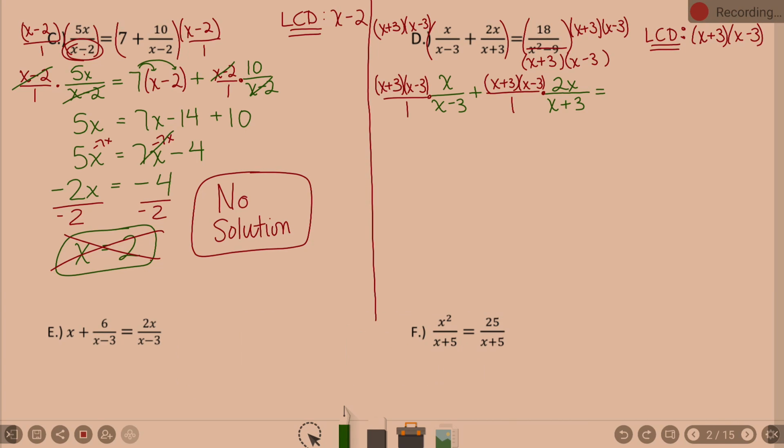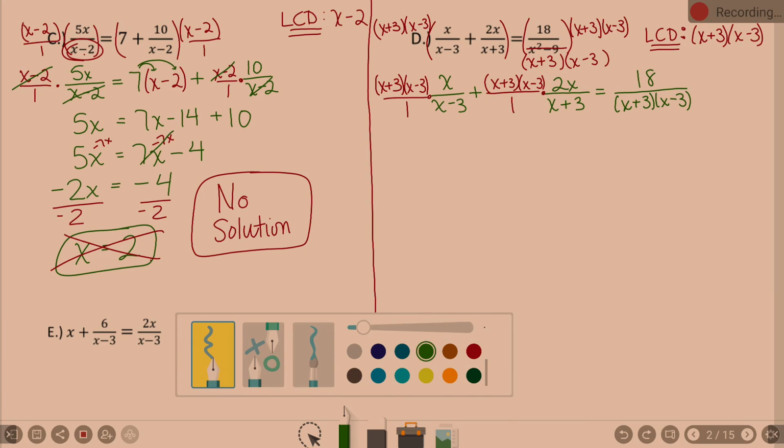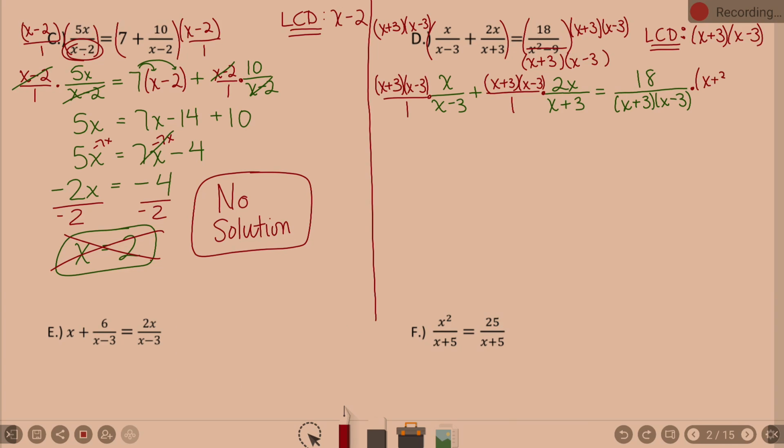On the right, I have 18 over x plus 3, x minus 3. What are we going to multiply by? X plus 3, x minus 3. Okay, and again, if you can get to this next step without writing all this out, that's fine. To each their own at this point.